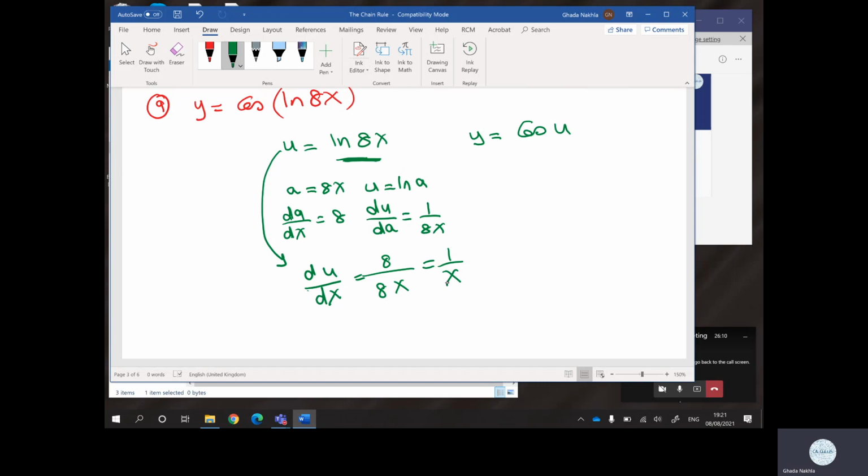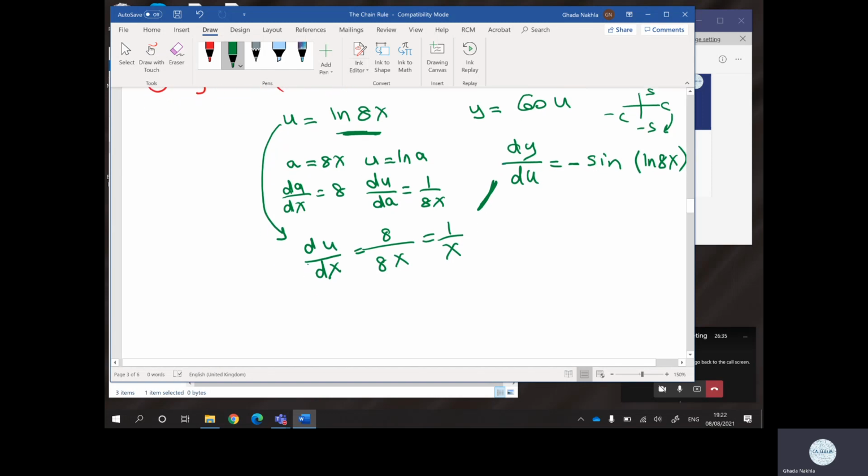Okay, but I had to prove it. Right, so let's differentiate this one, dy by du. When you differentiate cos, what do you get? Cos, minus sine. You get minus sine u, and u is ln 8x. Right, this is your answer, so let's write it down.